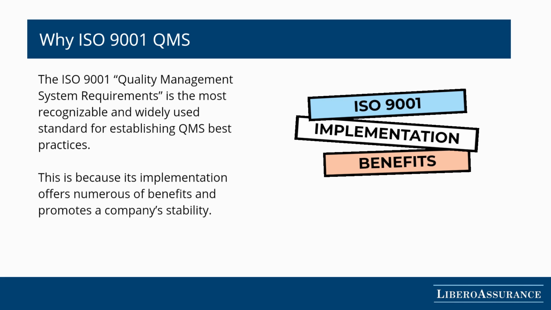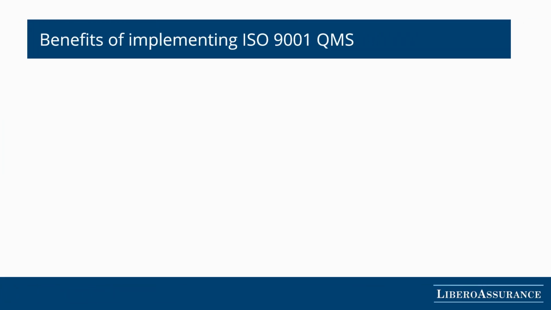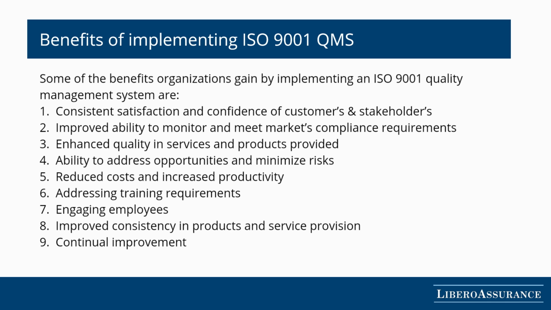As the implementation of ISO 9001 offers various important benefits for companies, it has become the most recognizable and widely used standard for establishing QMS best practices. The key benefits organizations gain from QMS implementation are: 1. Consistent satisfaction and confidence of interested parties. 2. Improved ability to monitor and meet markets compliance requirements. 3.